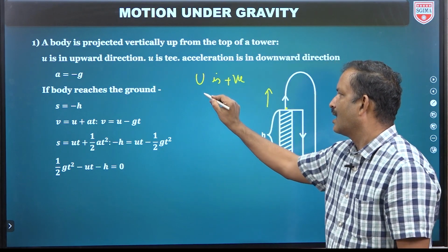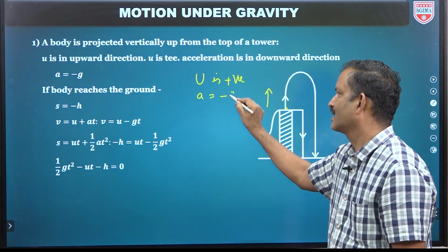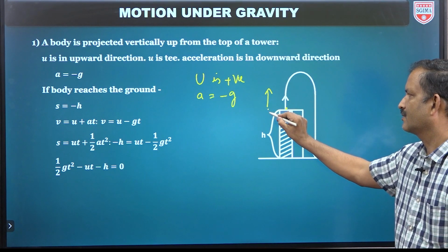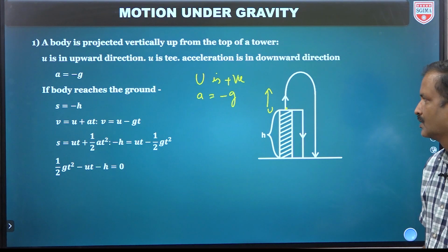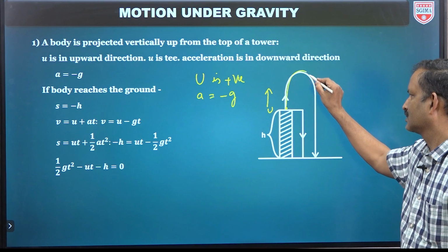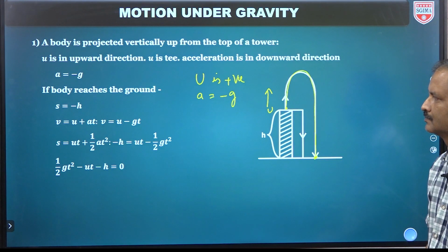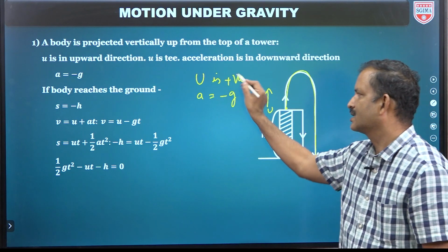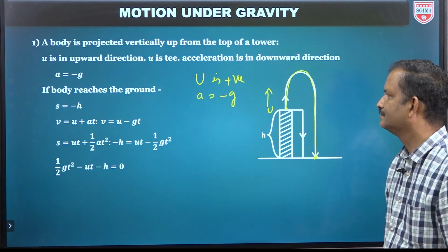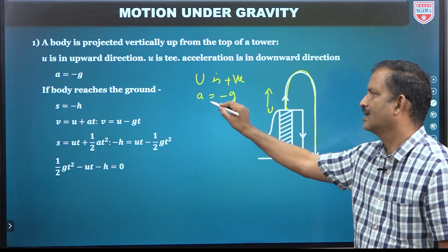But acceleration is always in the downward direction, gravitational force, minus g. Here it is projected with velocity u. It is going upward, returns back and reaches the ground. So, u is positive because upward quantities are positive. Acceleration, gravitational force, downward direction, a is minus g.